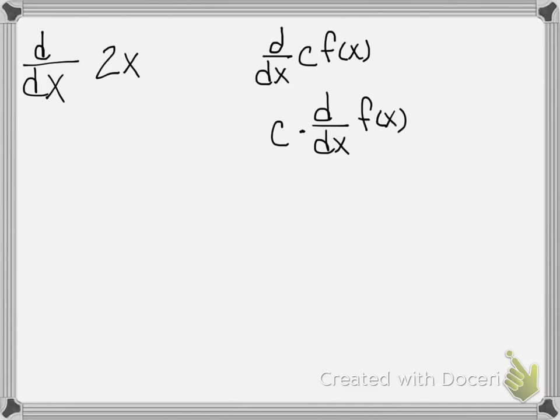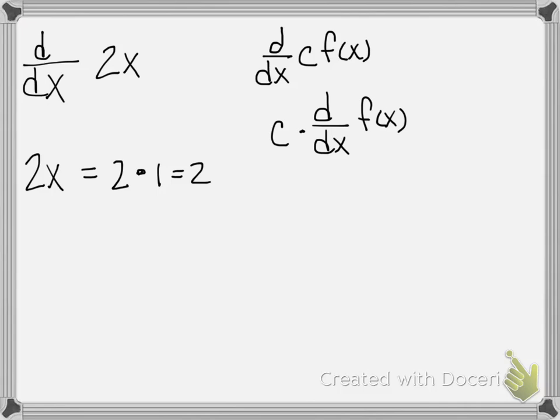So if you want to take the derivative of 2x, you just pull the constant out front, and then you take the derivative of your f of x, which is just x, and in this regard it is just 1, so it's going to be equal to 2.